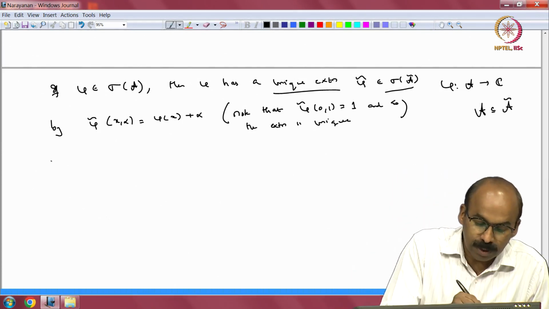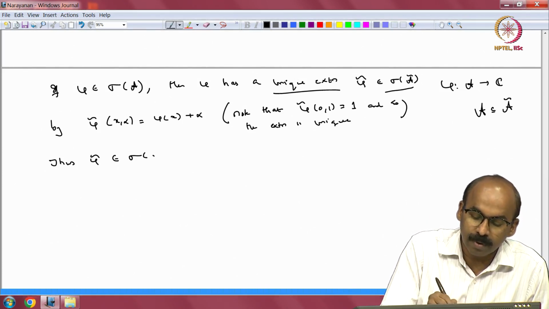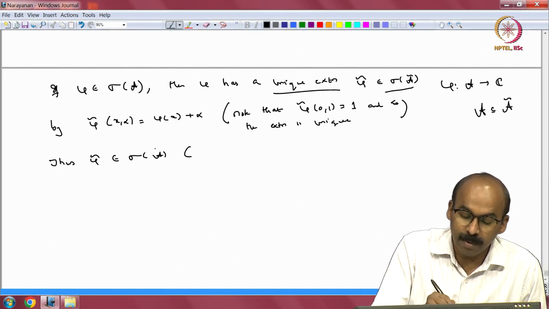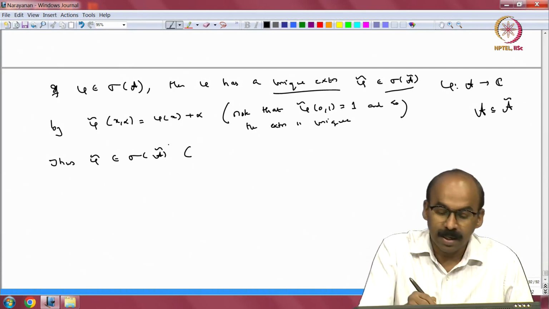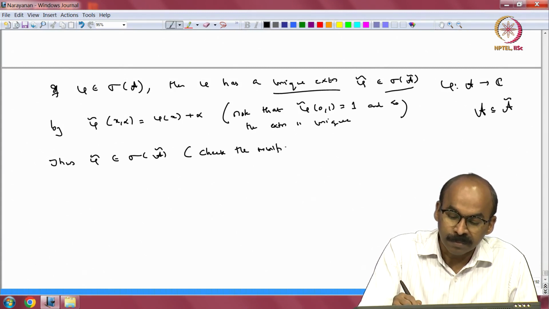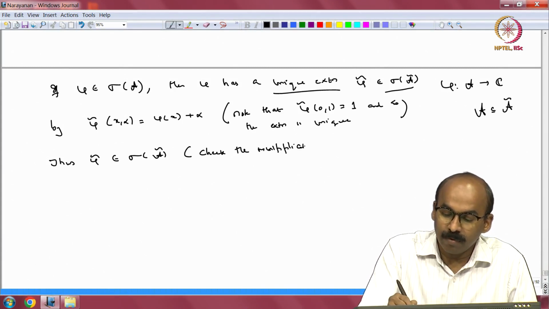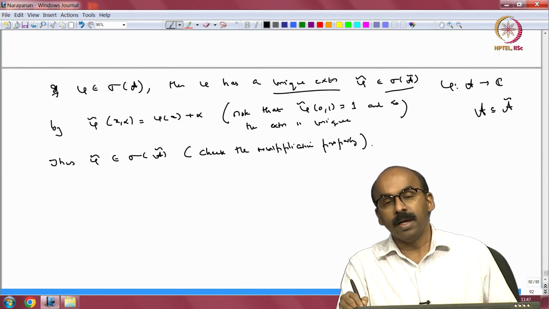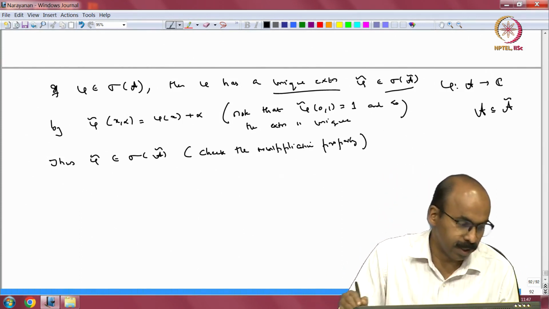Thus, you can check that phi tilde belongs to sigma A tilde, in the bigger space. Check the multiplicative property. If I take (x, alpha) and (y, beta) and multiply, it should go to the corresponding product on the other side.